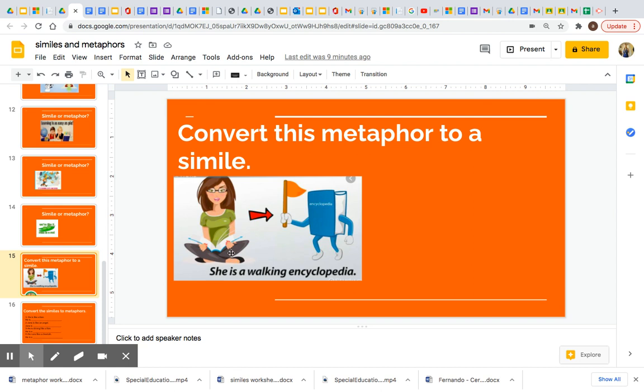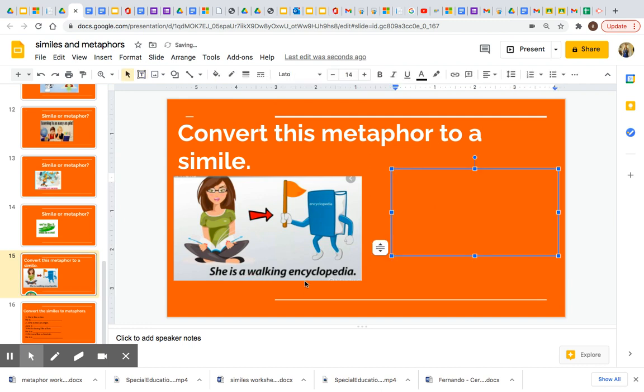Now, in this example, we are going to convert this metaphor to a simile. And I'll model it for you. This example is a metaphor. She is a walking encyclopedia. How can I convert this to a simile? I am going to convert it and say, she is like an encyclopedia.